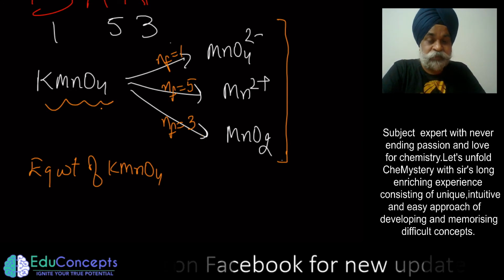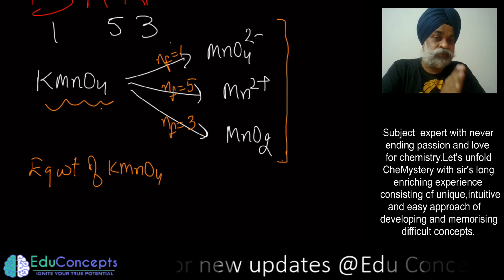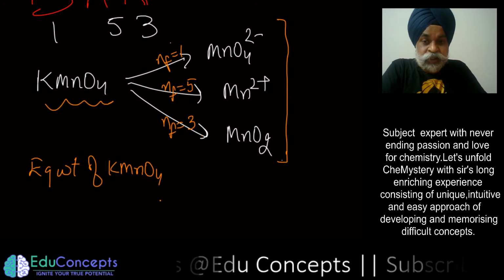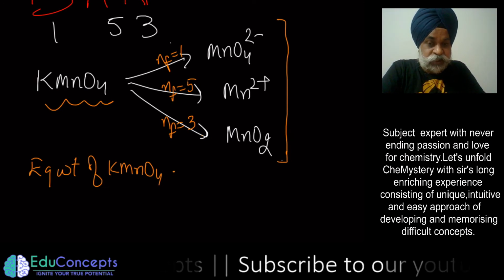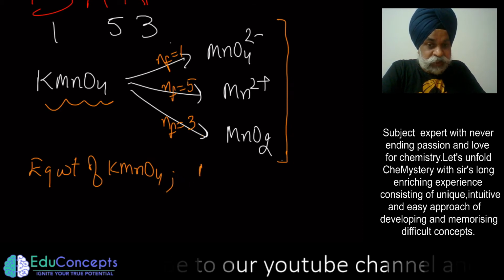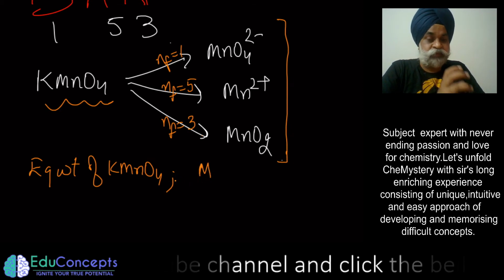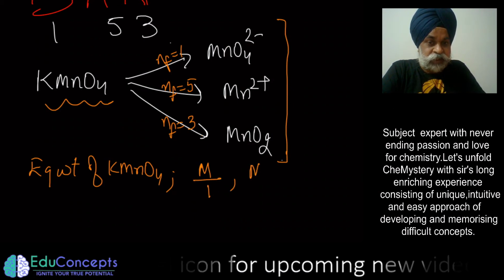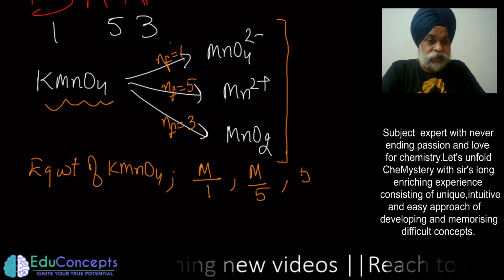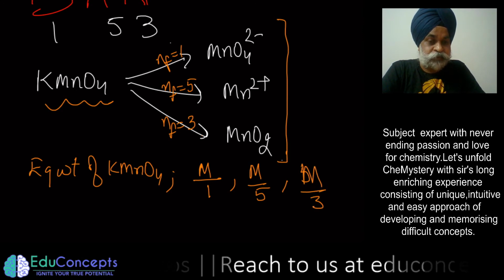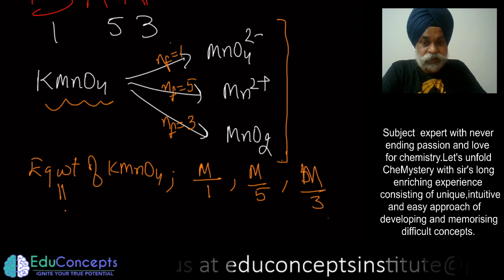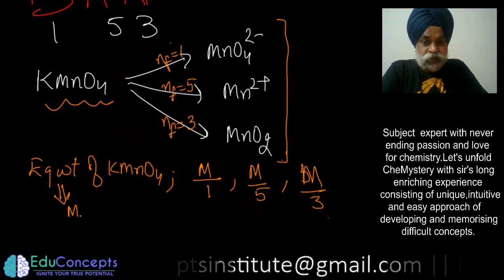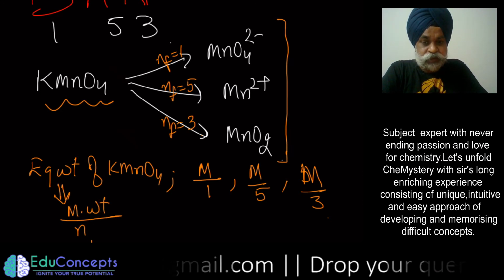So you have to remember in which medium it goes to which product. So equivalent weight of KMnO4 is molecular weight upon n factor. So it can be M by 1, M by 5, or M by 3.